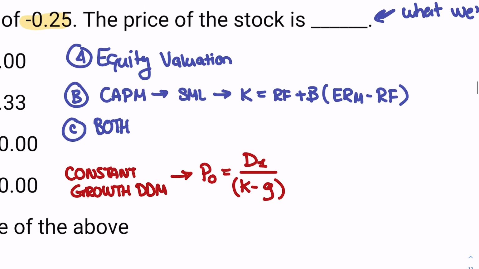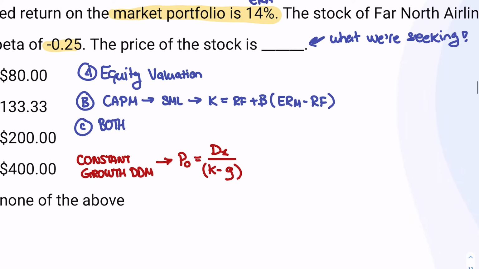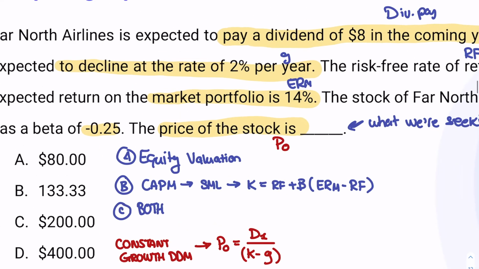And just like that, this question becomes very interesting for us. Because what we're asking here is, what is the price of the stock? So we could say perhaps that is P0. And then we're also telling you the growth rate, and in this case, we're telling you that it's declining by 2%.